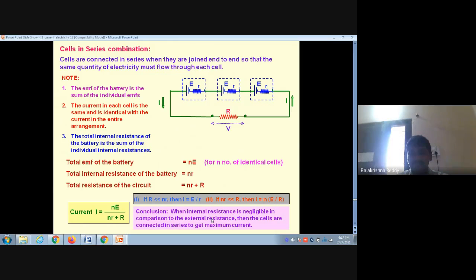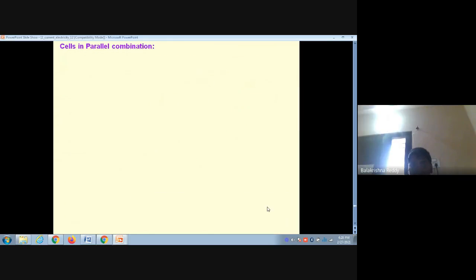You can see here, when internal resistance is negligible in comparison to the external resistance, then the cells are connected in series to get maximum current. So maximum EMF you can get when they are connected in series.